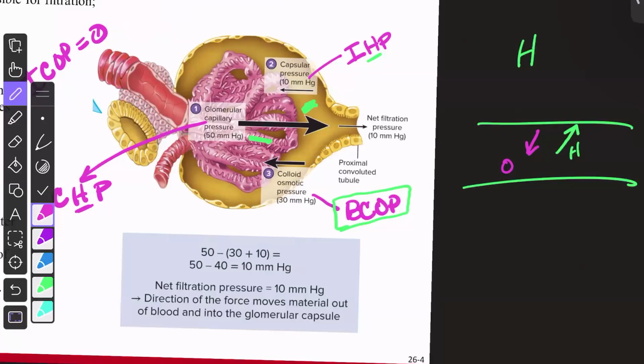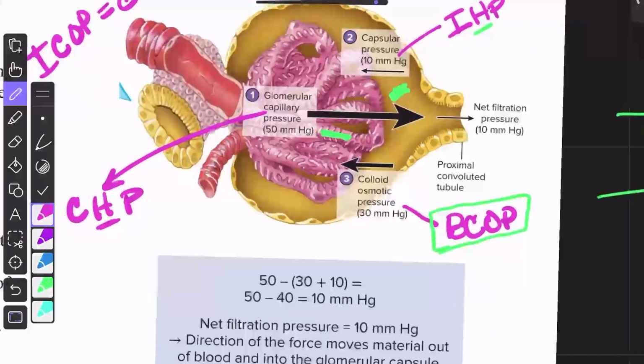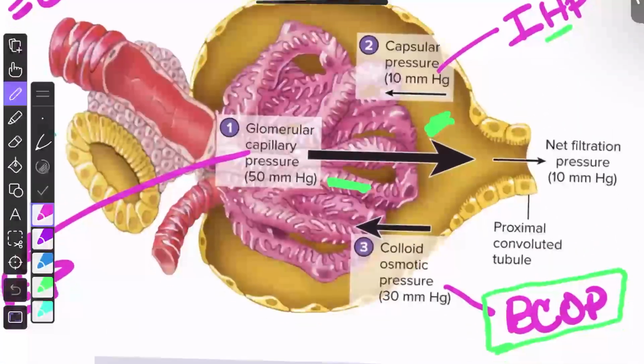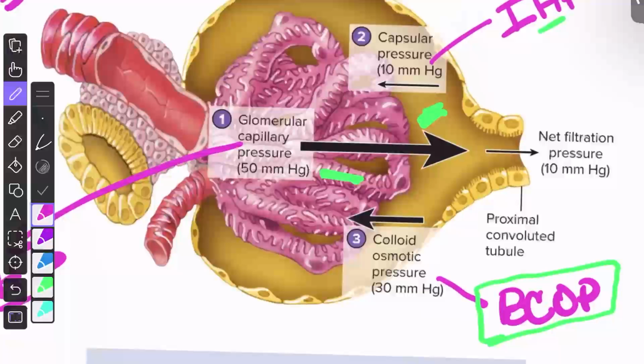You with me? Okay, so let's look at this. What information can you get about these things just by looking at this figure? Without looking at the numbers. If I took all the numbers away, if I took everything off, what could you tell about this figure?